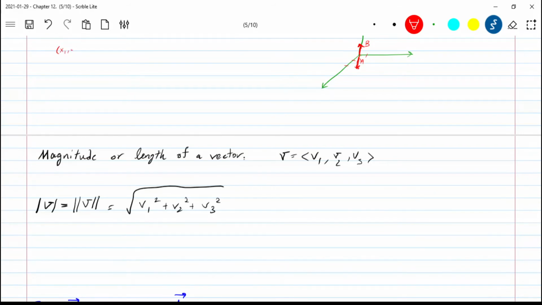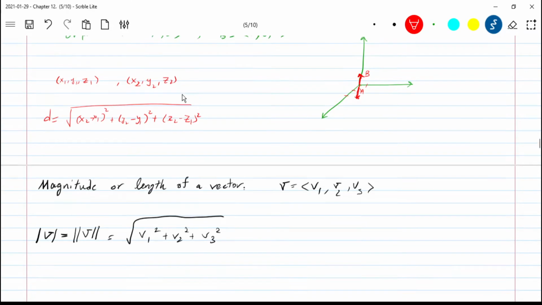If you have x1, y1, and z1, and another point x2, y2, and z2, the distance between these 2 points is the square root of x2 minus x1 squared plus y2 minus y1 squared plus z2 minus z1 squared. Right, this was the distance between 2 points.